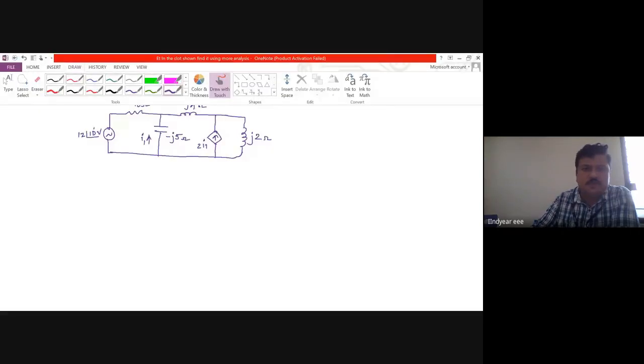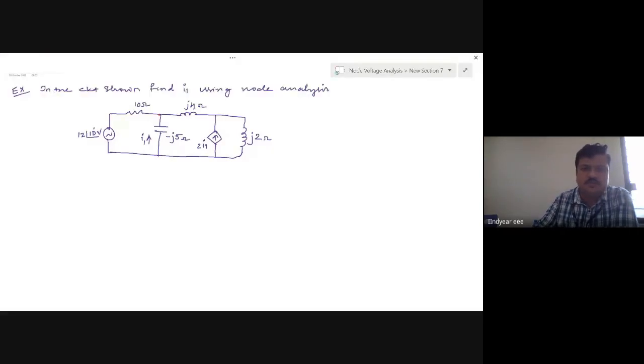So again, first we have to recognize the nodes. This is node 1. This is node 2. And the bottom line is node 3. Okay.